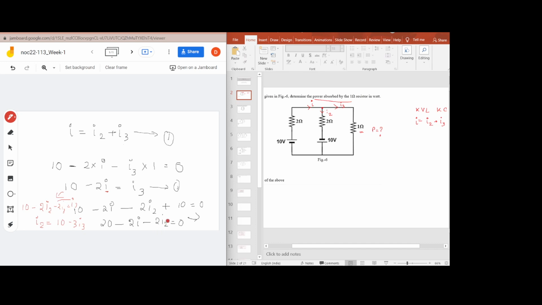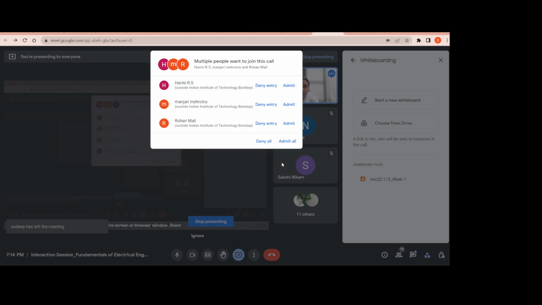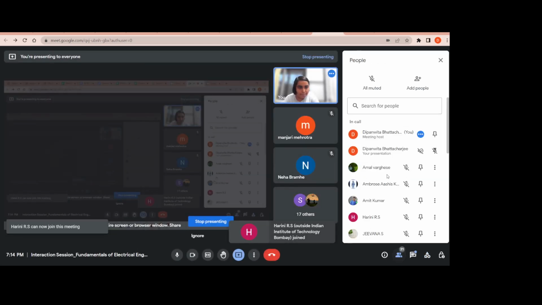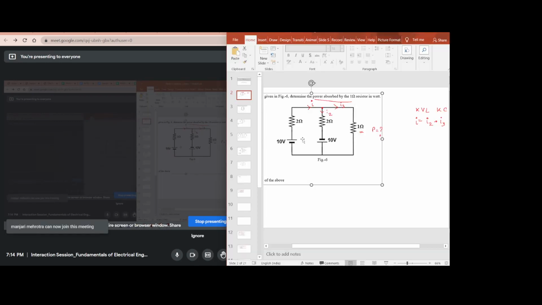So now when we substitute this value of I2 in here and I in here, this entire equation will be in terms of I3. So can you guys quickly solve what is the value of I3 and let me know? I hope you have got the feel of it. So I will keep this circuit open.